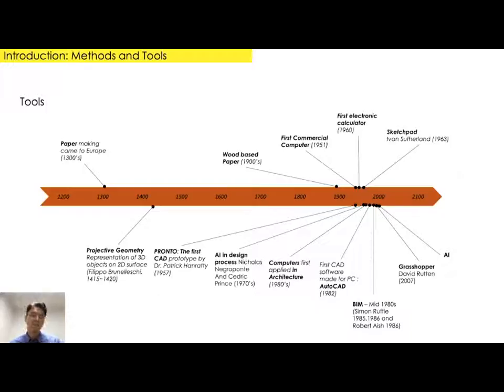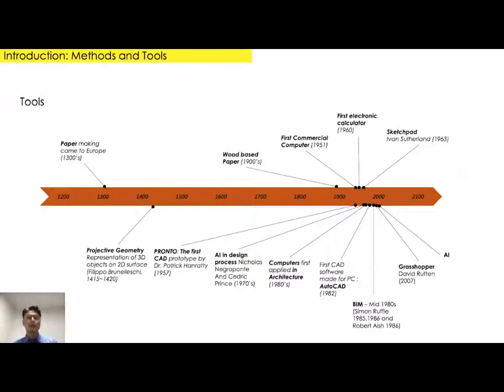So, architects have been designing these buildings and projects with the use of tools, and the tools have been innovating the methods by which we do drafting and building things.